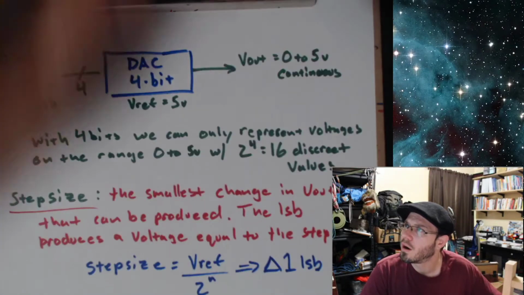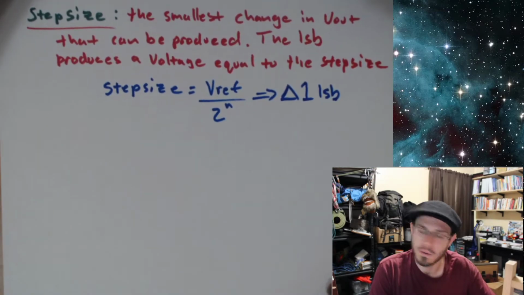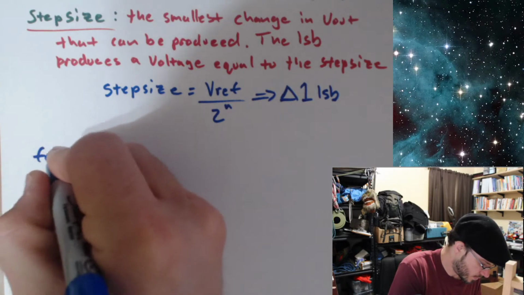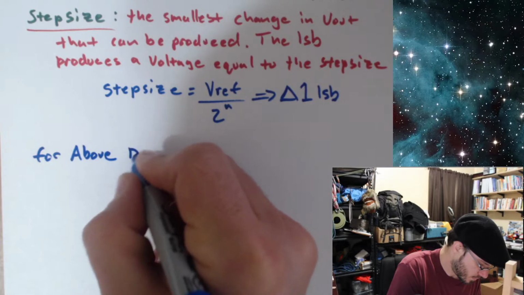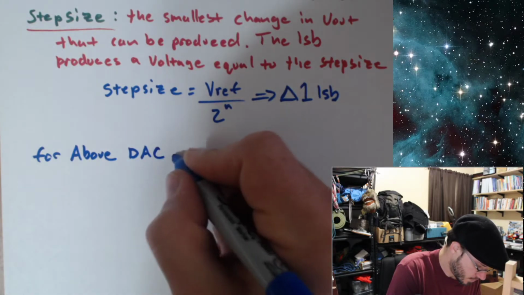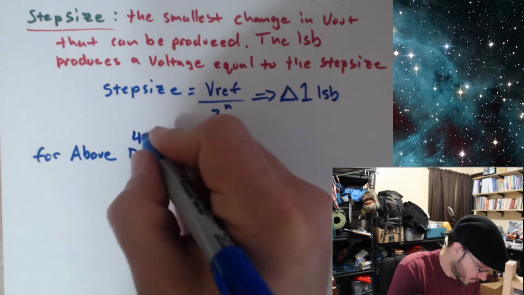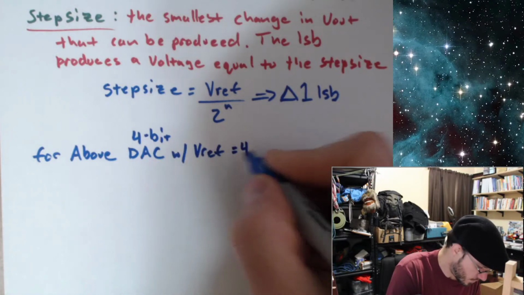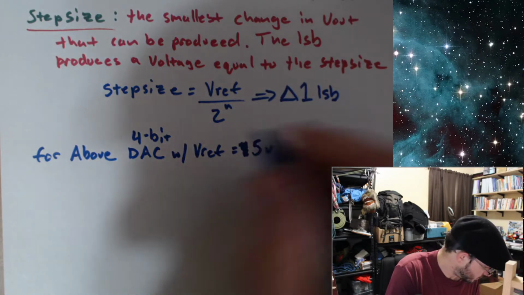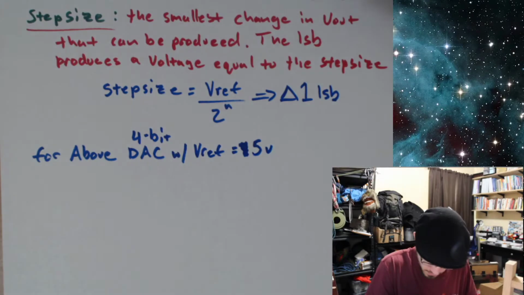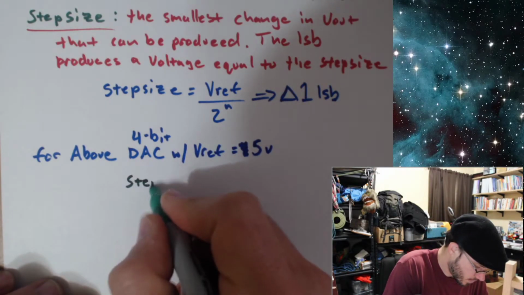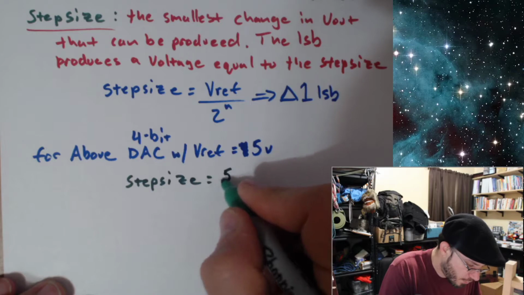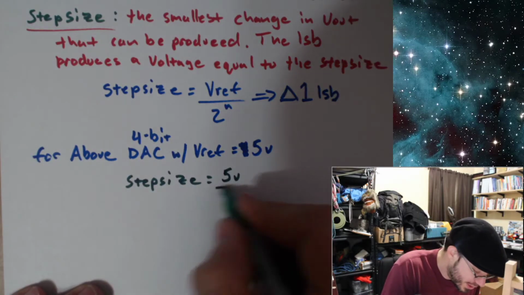So for our 4-bit digital to analog converter, the step size is equal to 5 volts divided by 2 to the 4, which is 16.